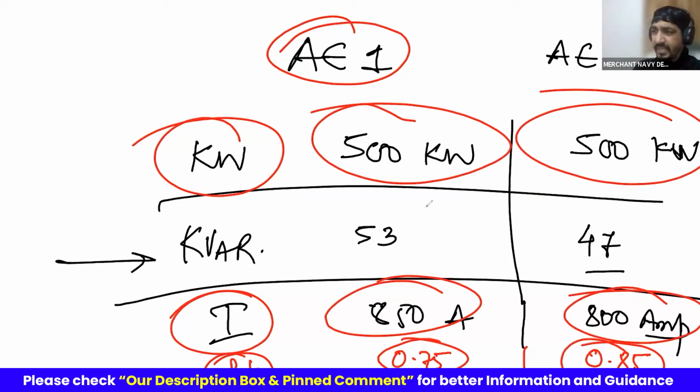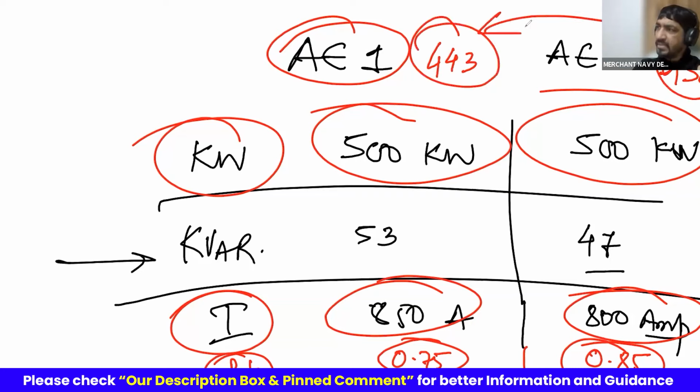So possibly, if I run the two generators in an unloaded condition, idling with no load at all, then I will realize that the AE1 voltage was higher. Let's say it is not 440, it is 443, and the other is showing 438. So this was the reason for the imbalance in current and power factor, and the kVAR load sharing will be different. So how do you balance it?